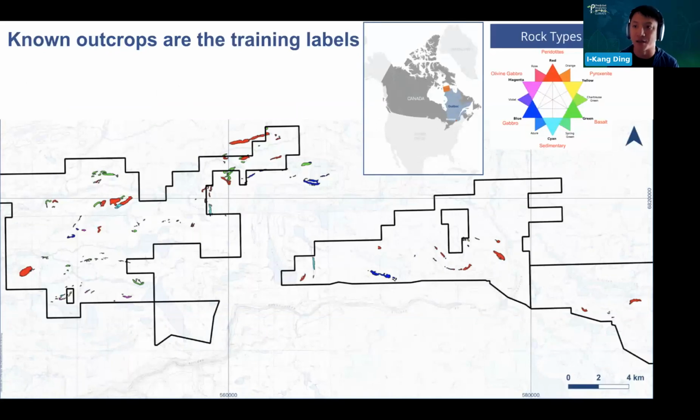Our training labels in this case are the known outcrops, which are exposed bare rocks. In a very small set of areas, we have our geologists manually label polygons of known outcrops and outcrop type. This comes with very good geological descriptions, and we have a high degree of confidence in the rock type and the boundaries of these polygons.